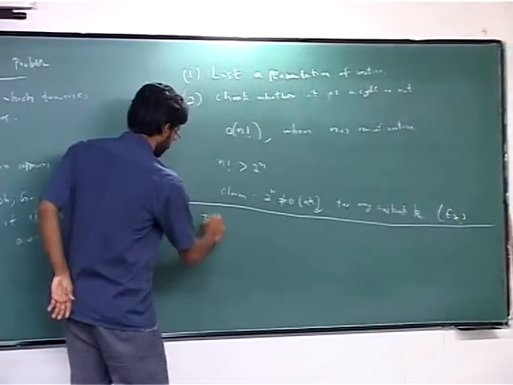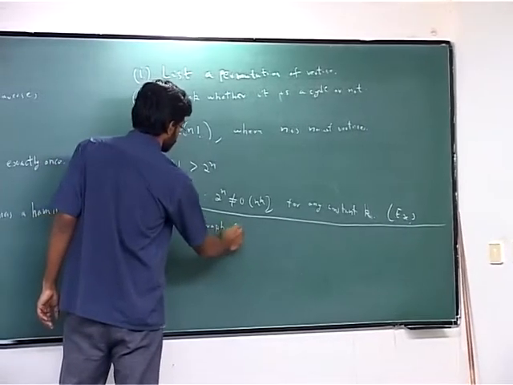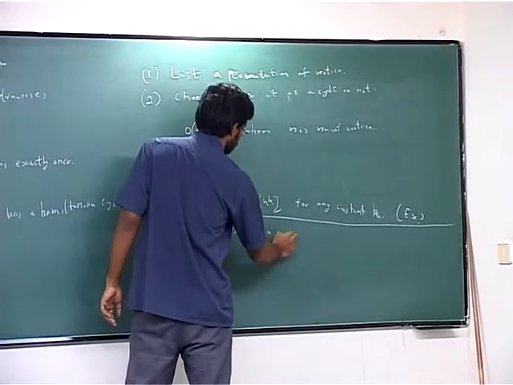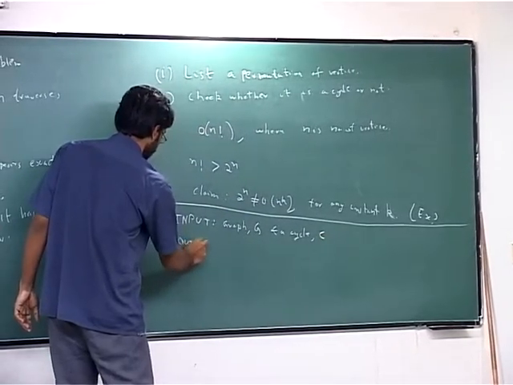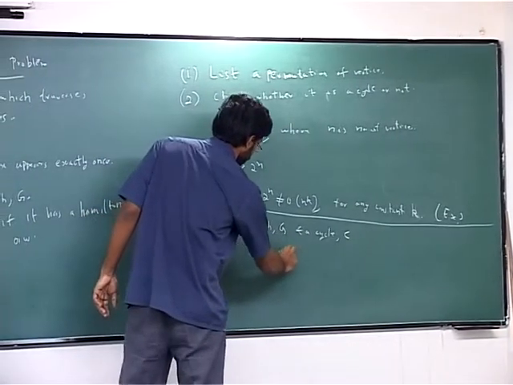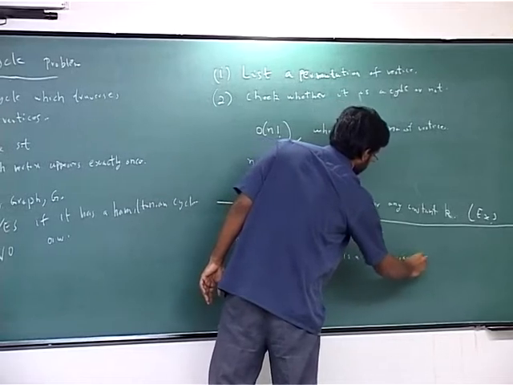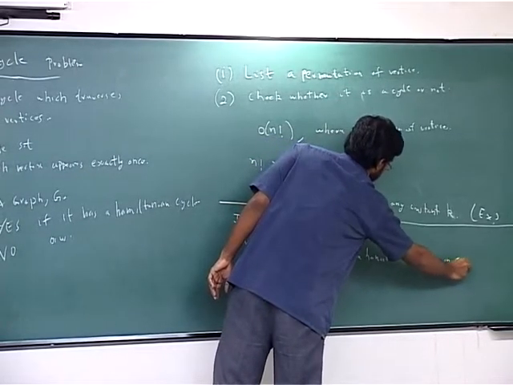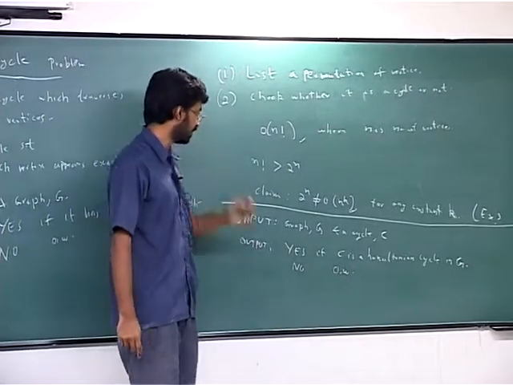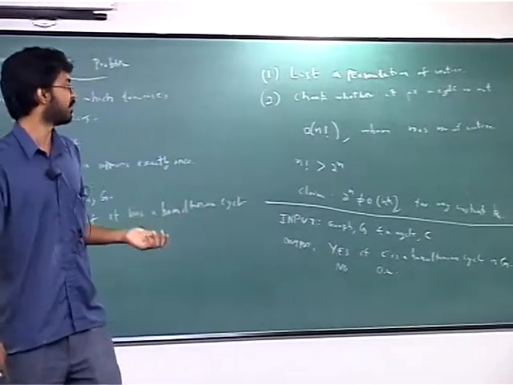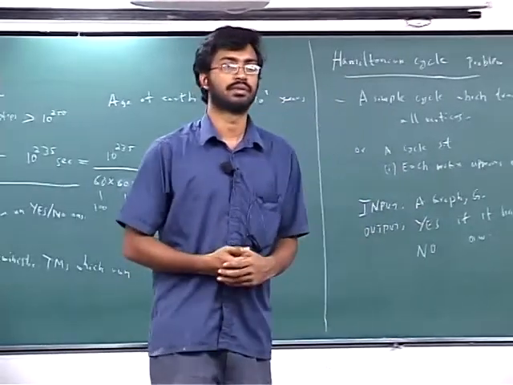Let's say the problem gets a graph G and a cycle C. As input we get a graph G and a cycle C. You need to output yes if C is a Hamiltonian cycle in G, otherwise output no. So can you do this in polynomial time?